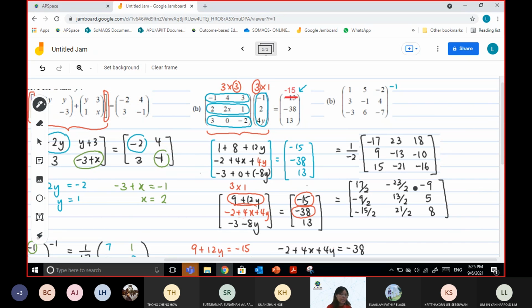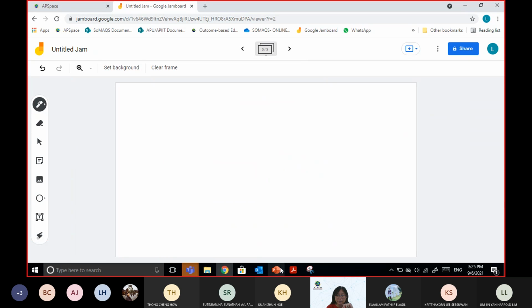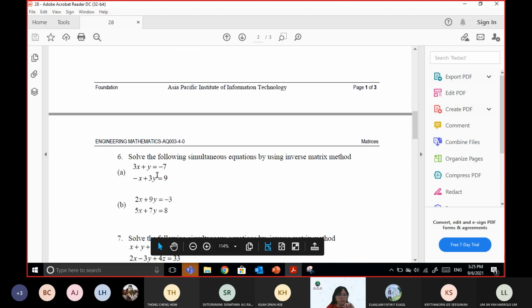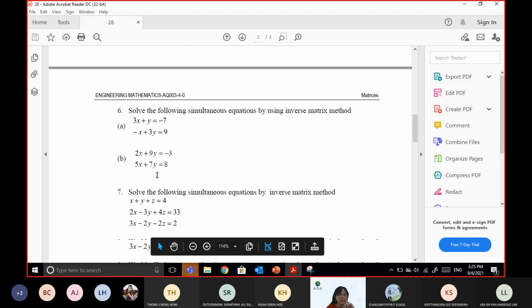Okay, so now let's proceed. This is the calculation for the inverse. The inverse already spends a lot of time. Okay, before we move on to the next question, number 5 is done.